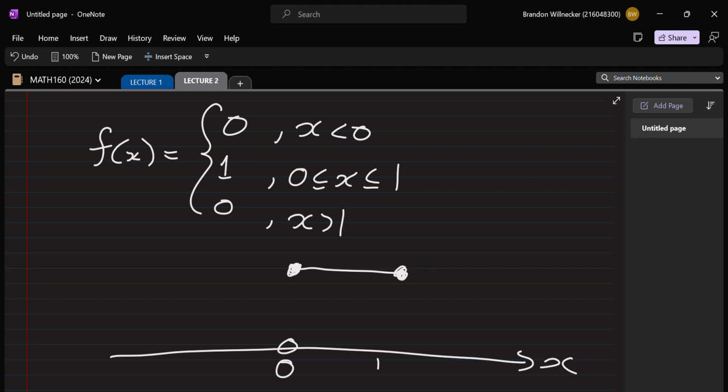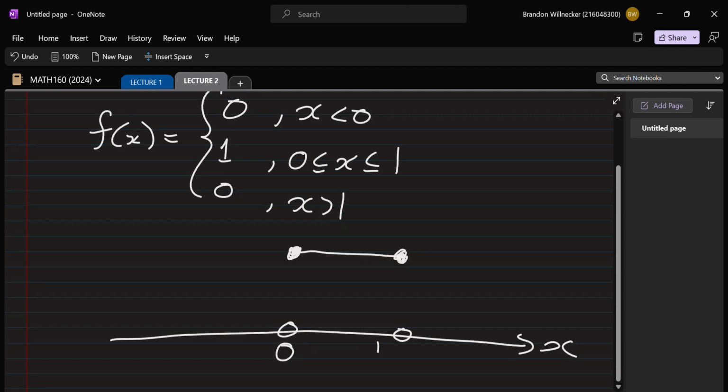At that endpoint, at the point 1, it is an open circle. Why? Because x is strictly greater than 1, not including 1, so we put an open circle. Open circle, and then the function will be 0 afterwards.